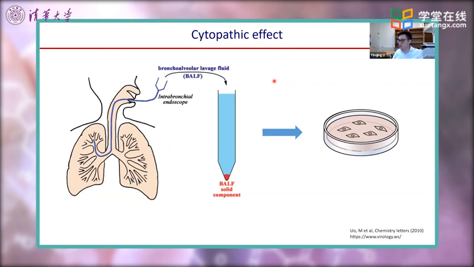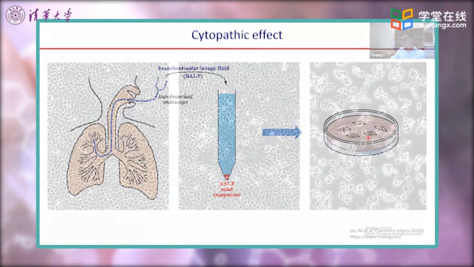The way it works is that we flush the lung, where we know that the infection occurs, and the liquid will carry off some of the extracellular content, including the virus that we're interested in. Then we pass this liquid onto cells in vitro in a dish, and we observe the morphology changes, if there are any, to the cells.